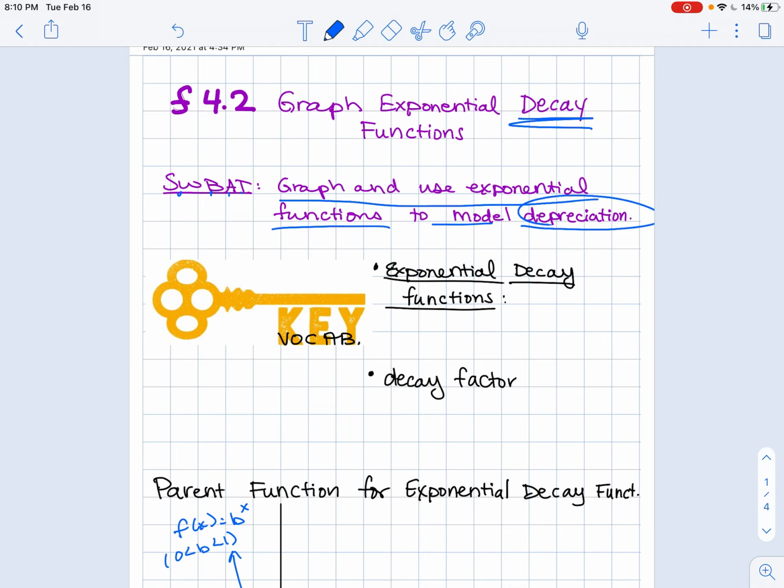So a couple of things we need to know is our key vocabulary words. The first one is the exponential decay function. The exponential decay function is in the form of y equals a times b to the x, where a is greater than 0.